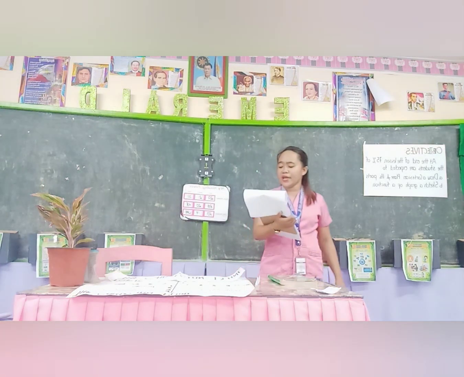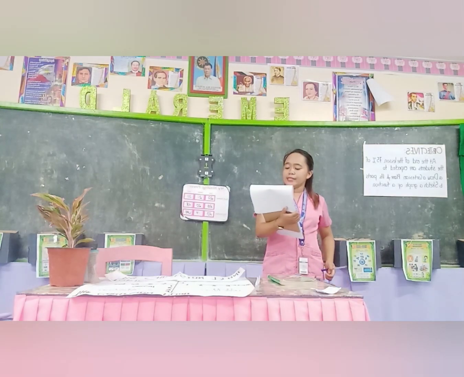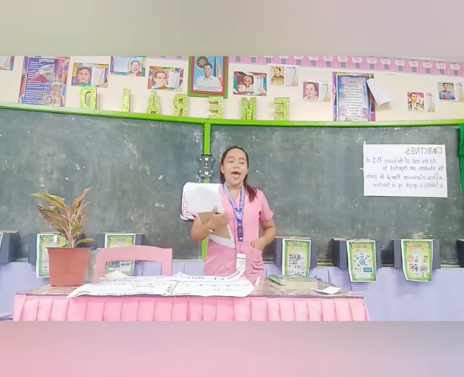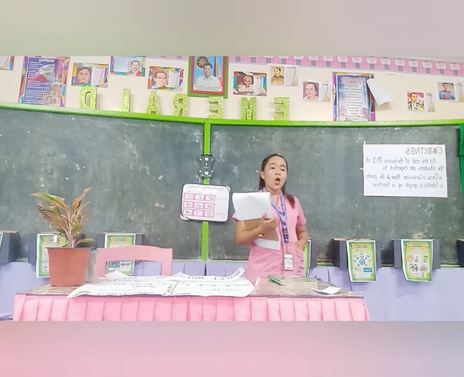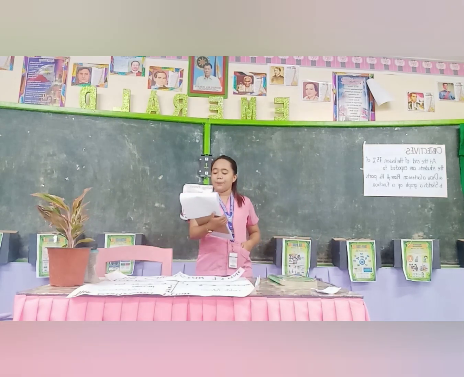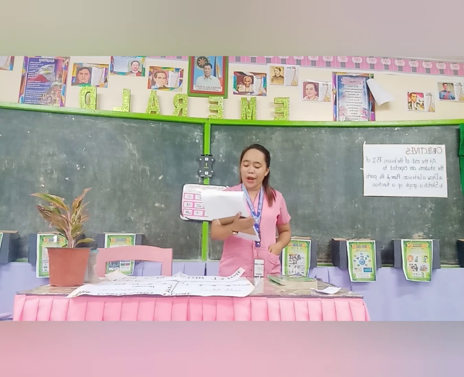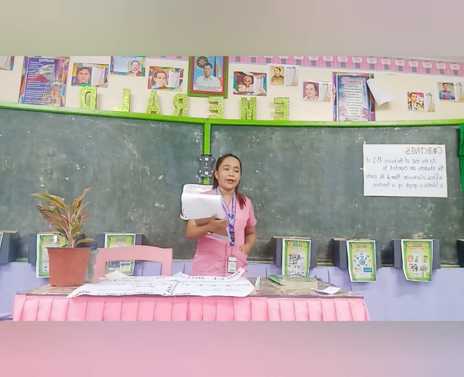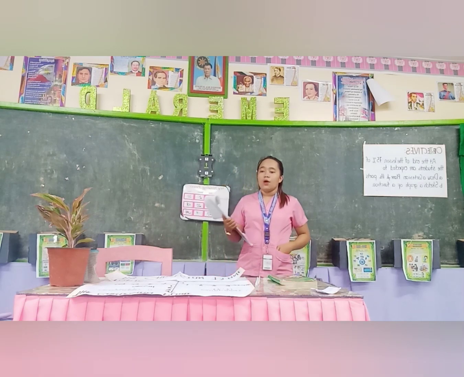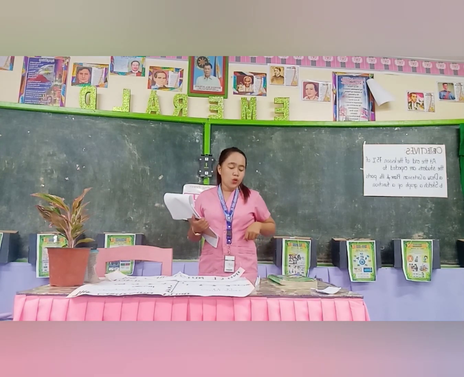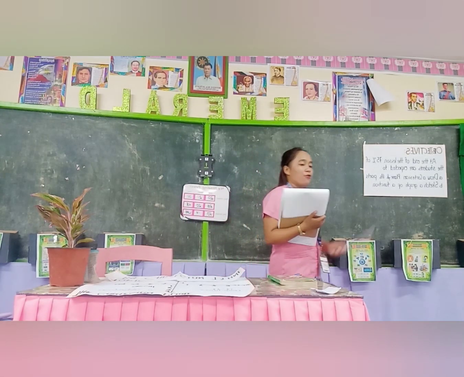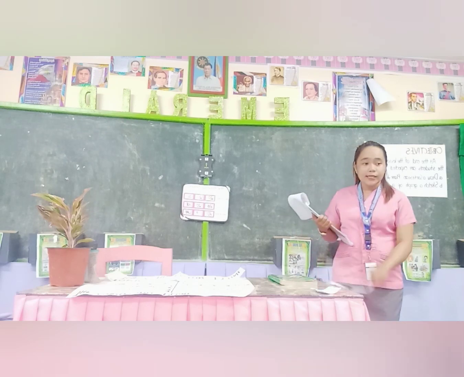Number 3. Every point in the plane corresponds to an ordered pair of real numbers x and y called blank. Again, every point in the plane corresponds to an ordered pair of real numbers x and y called blank. 1, 2, 3, 4, 5, 6.